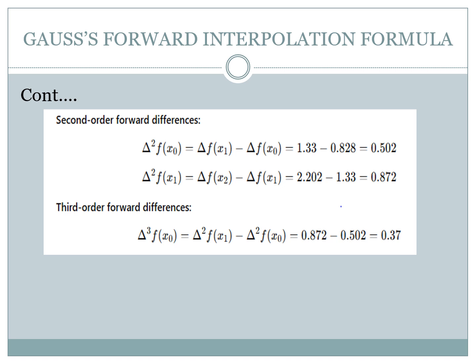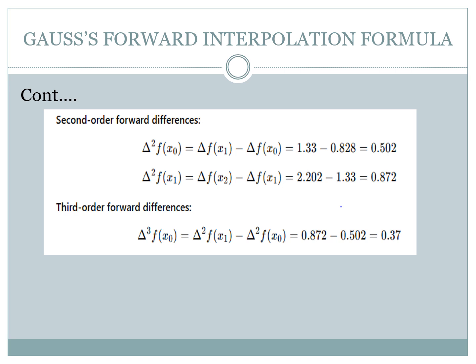Here we have already found the first order forward difference values. The delta f of x naught value is 0.828 and delta f of x1 value is 1.33.